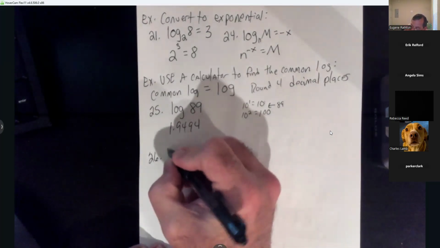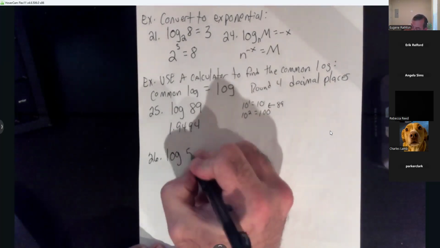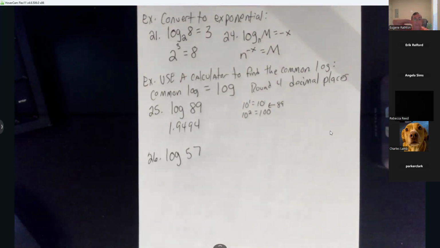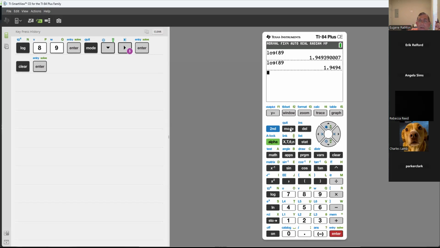All right, try this one. Log of 57. So, y'all, that's in between 10 and 100 again, so that's going to be a 1 point something. So I'm going to take mine off and round it to 4 spots.